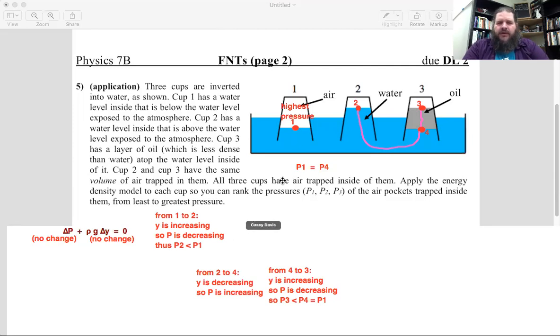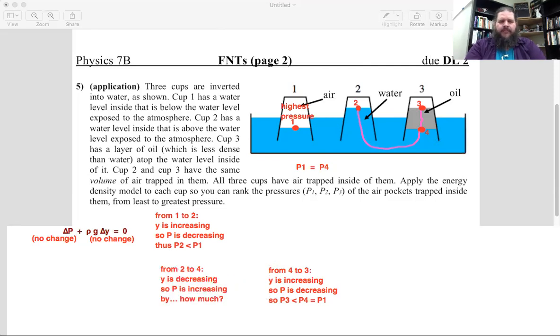Well, if we take a look at those actual changes, as we go from 2 to 4, we know the pressure is increasing. Can we figure out how much it's increasing by? We need to know the height. Yeah. And of course, we don't have a number for that, but let's just assign a variable to that.